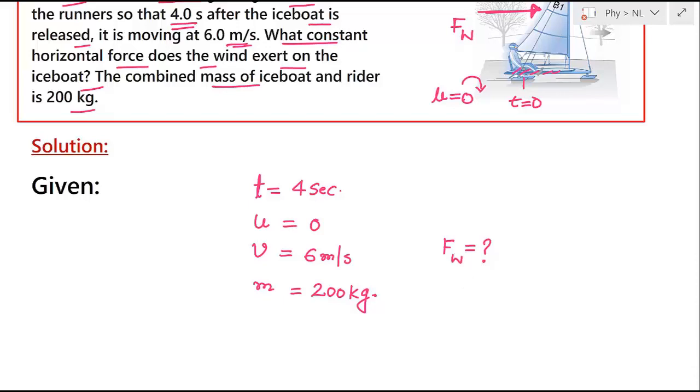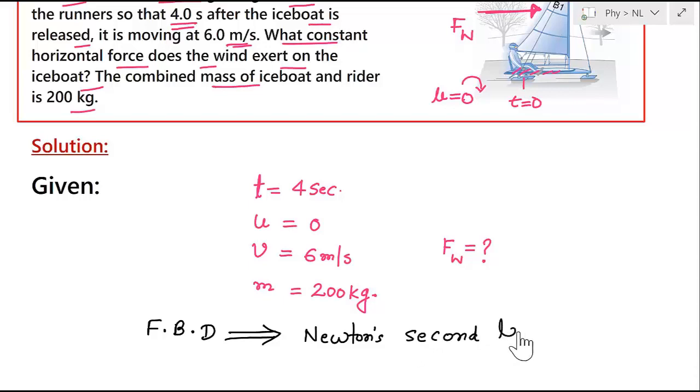So how will you solve this problem? First, we will draw the free body diagram. And once I have the free body diagram, we can apply Newton's second law. Why are we going to apply Newton's second law? Because the hint is given. We have to find force.